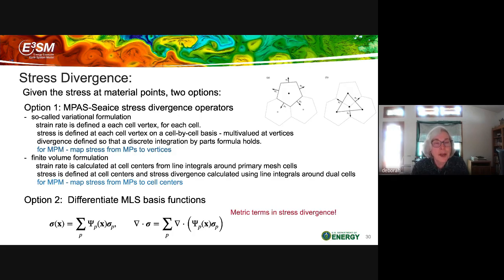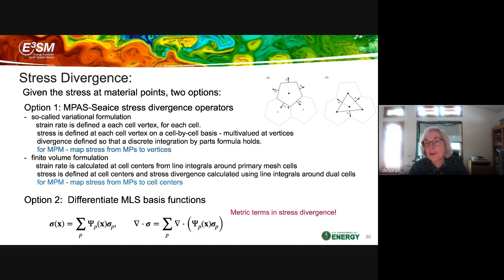One is called a variational formulation. It's implemented so that the strain rate is defined at vertices of a cell, and then there's stress computed at each vertex, but that's independent for each cell.